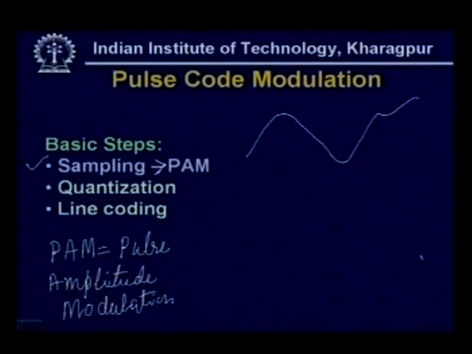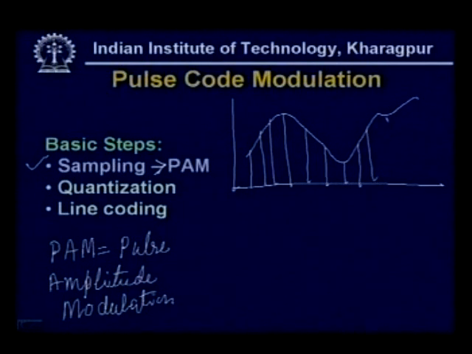How is it done? This analog signal is sampled at regular intervals. This is the interval at which it has to be sampled. Obviously, they will be equispaced. And when you do the sampling, as you know, you have to follow the Nyquist criteria.